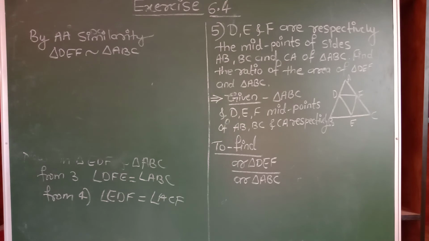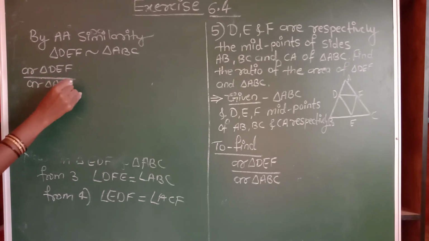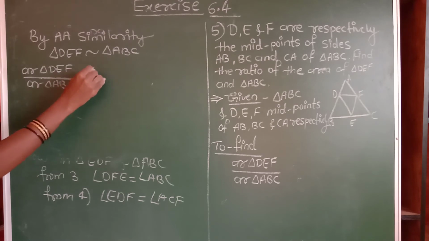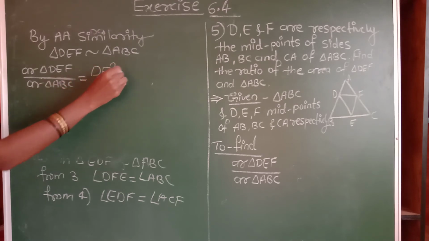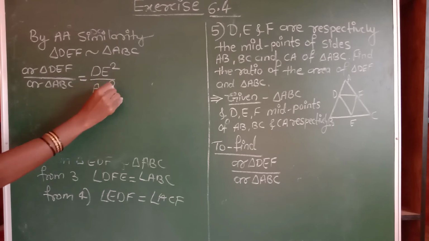We know that if two triangles are similar, the ratio of their areas is always equal to the square of the ratio of their corresponding sides. Already we wrote this statement in example first. So we can write here area of triangle DEF divided by area of triangle ABC is equal to DE square divided by AC square.